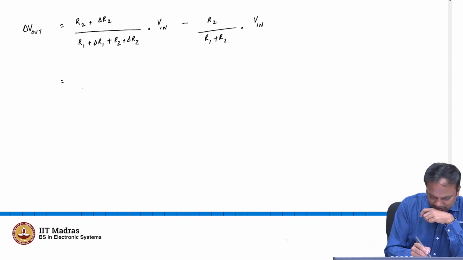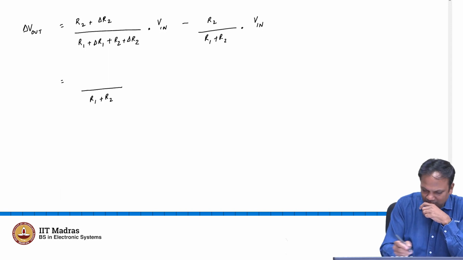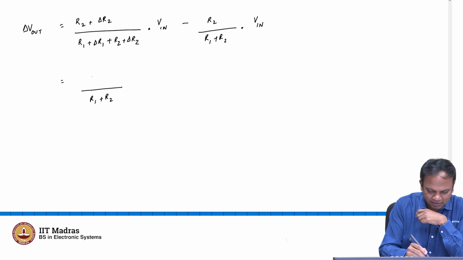So let's take R1 plus R2 out as a common denominator. Let's pull V in also out.